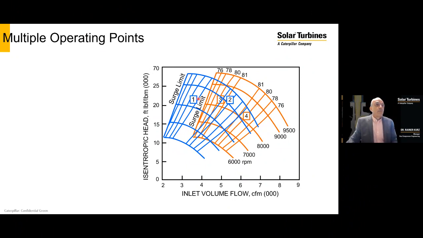For example, the blue staging would allow operation at all the operating points. But the red staging, if you mostly operate here, is more efficient than the blue staging, but you would have to recycle 4.1. So those are the trade-offs that you make during the sizing of the machine.